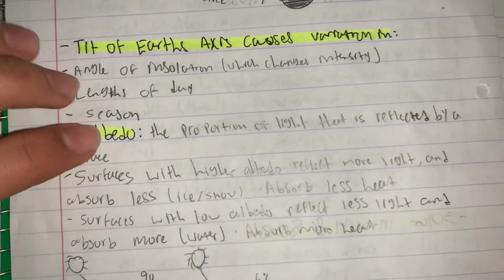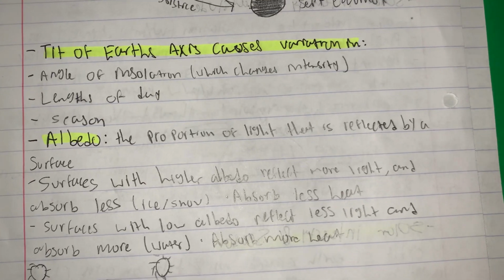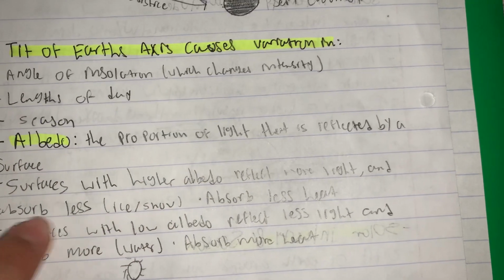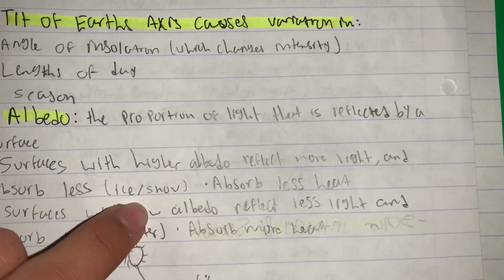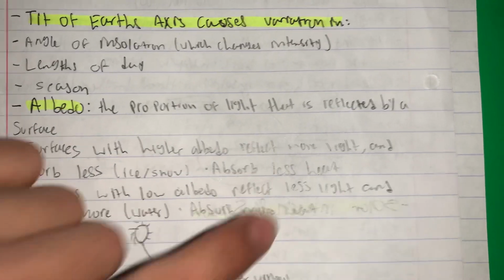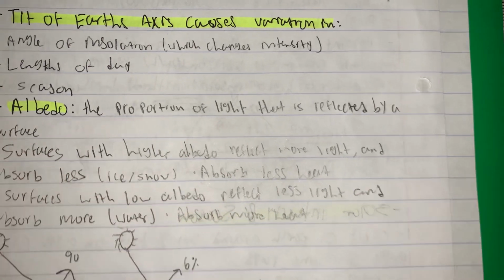And then albedo, which is another note, is the proportion of light that is reflected by a surface. Surfaces with higher albedo reflect more light and absorb less, so they absorb less heat, like ice and snow. Surfaces with low albedo reflect less light and absorb more, for example water, and absorb more heat.